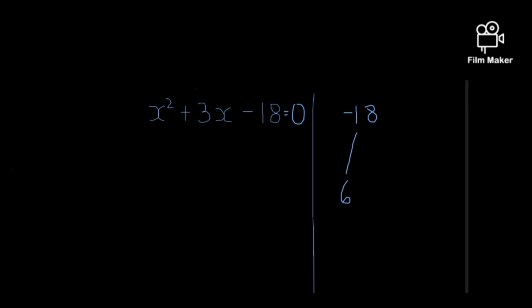But for negative 18, we'd have to make one of these factors negative to multiply to give us negative 18. Also, when we add those factors, we'd have to get positive 3 as our answer. So 6 times negative 3 gives us negative 18, right? That's equal to negative 18.